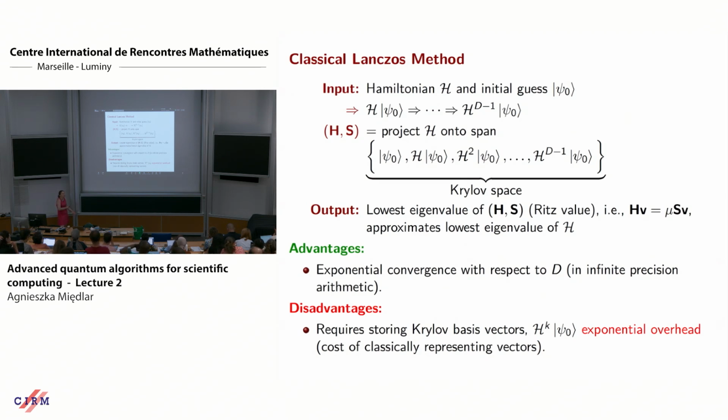They're too large. So we have to see how we can get similar objects, or access to those objects, without the requirement of storing these giant vectors, because we get an exponential overhead connected to classically representing these vectors. So this is not feasible.